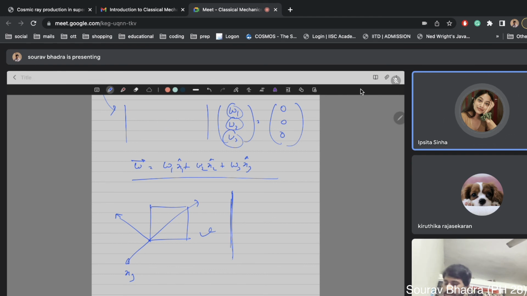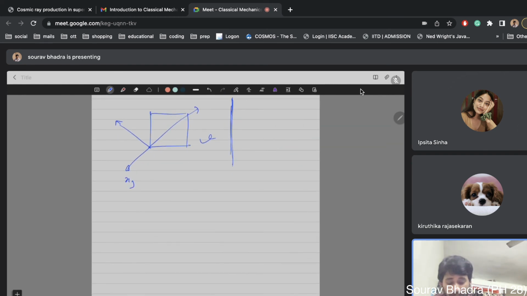Precession means, actually, there are two things: one is precession and one is nutation. Precession means, as far as I remember, you have a top like this. This is its OA axis, the axis of this particular system.